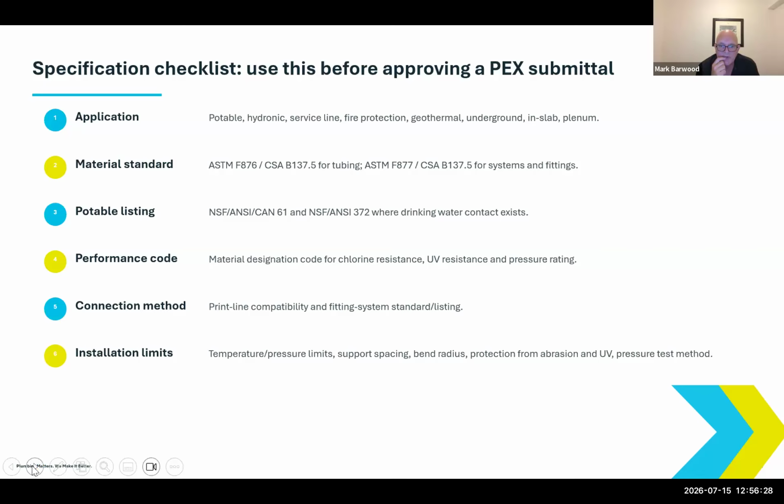So temperature and pressure limits, supporting and spacing, bend radius, protection from abrasion and UV, pressure test method. So in a lot of condos now, it's all metal stud. When you go through a metal stud, you have to actually have a grommet that can protect the pipe. If not, the metal will cut the pipe and we're going to have a leak. So all those things have to be specified as well.